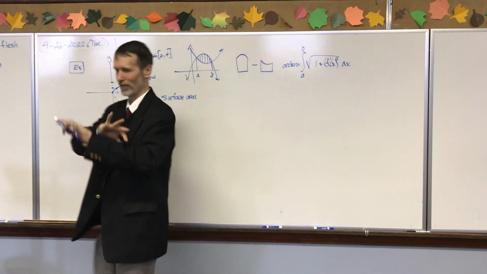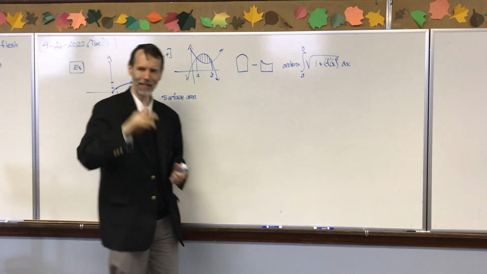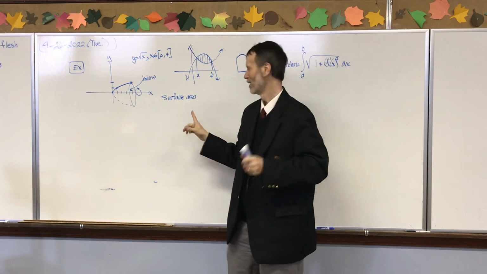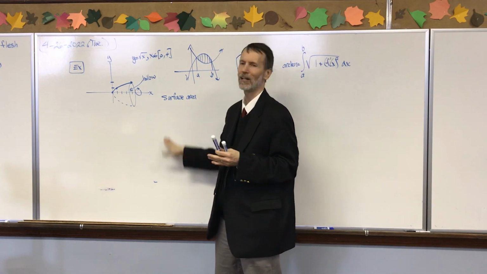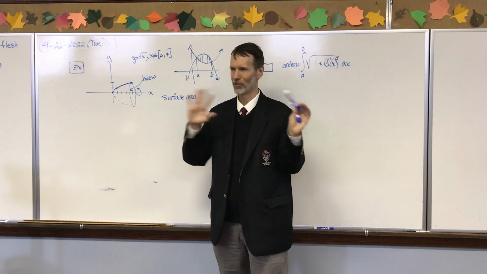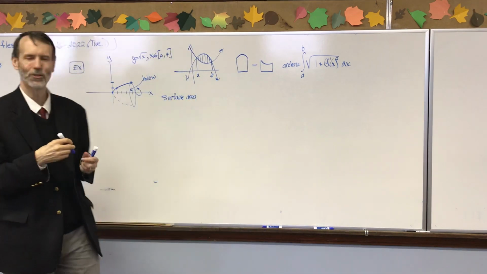But anytime you start doing curves, unless it's a circle, we're kind of out of luck. Even if it's an ellipse that's hollow, geometry has no idea how to get the surface area. Calculus does.